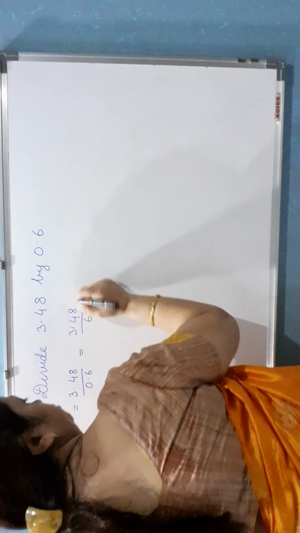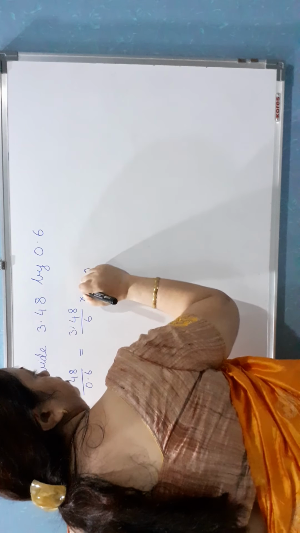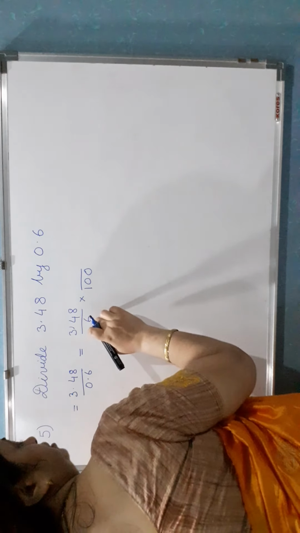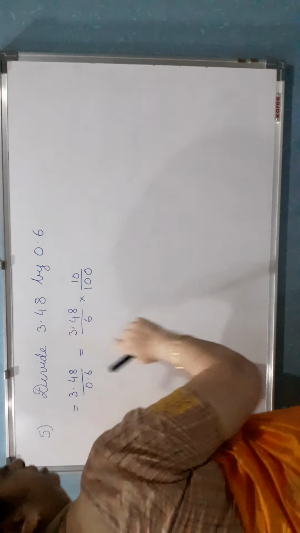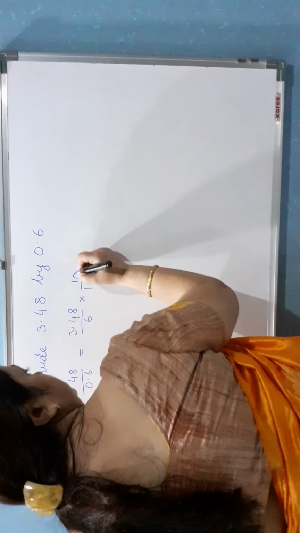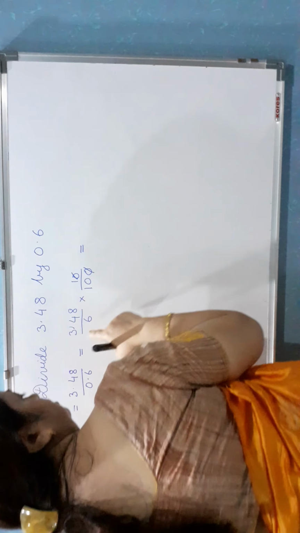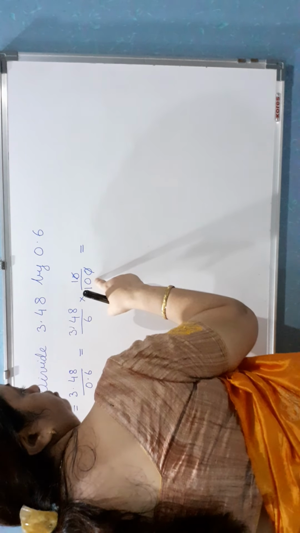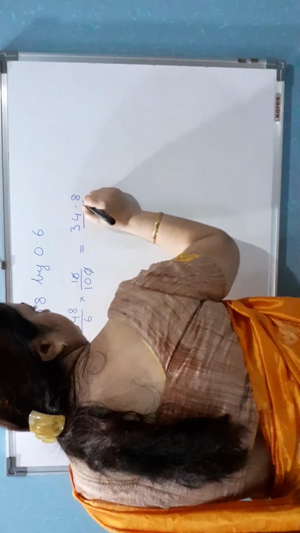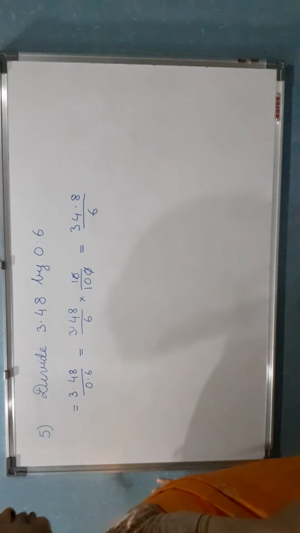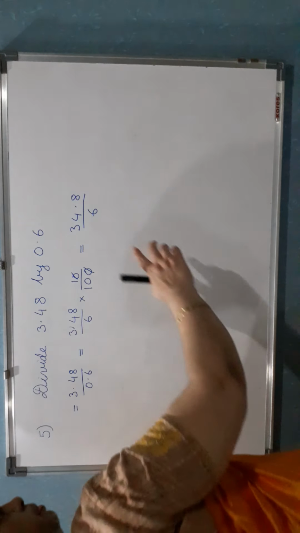So what will you do to cancel this decimal point? You put here 100, okay, and for this decimal point you put here 10. So both decimal points are cancelled. Now what will you do? Cancel this with this. Then what will you get? Ultimately here is 10. So 34.8 divided by 6. Okay, here is 10, so 34.8 divided by 6.